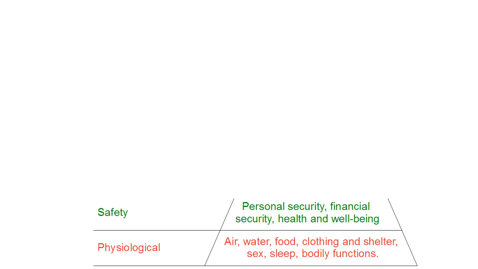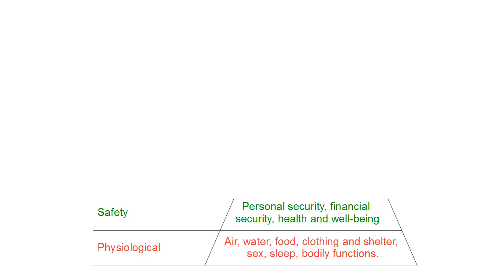The next level is the safety level. Now, when we're talking about safety, we're talking about things like personal security, financial security, health, and well-being. So it means that you want to be somewhere where you're going to be free from harm. You want to make sure that you have a well-paid job or a good source of income, either business or a pension, something that you know that you're not going to be worried about money all the time.